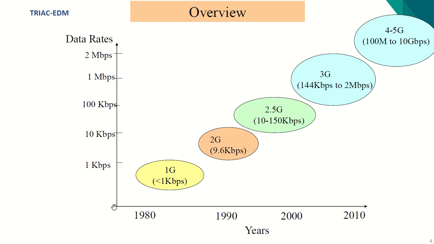But after a couple of decades, now it goes to the 1980s. There was the 1G technology, which had a requirement of less than 1 kbps, where bps stands for bits per second, and that was in the 80s. Then the second generation, which covers 9.6 kbps, was in the 90s.